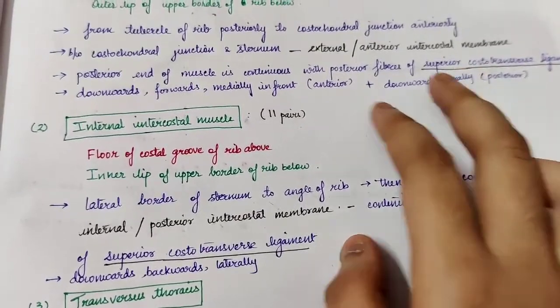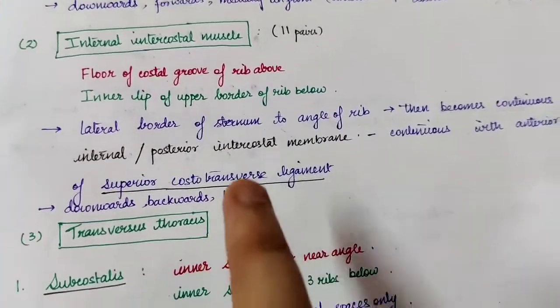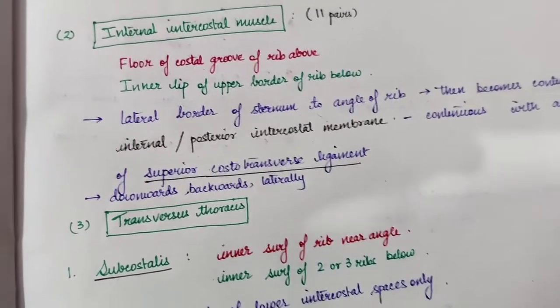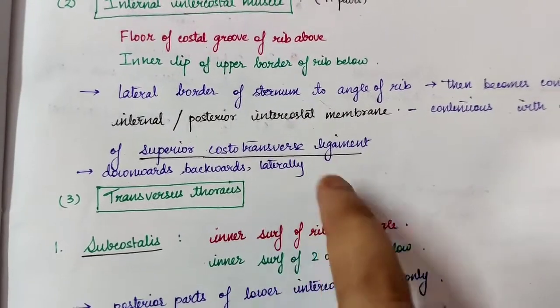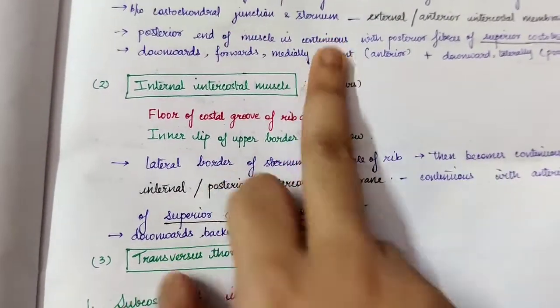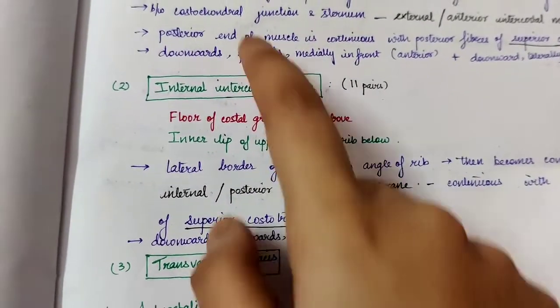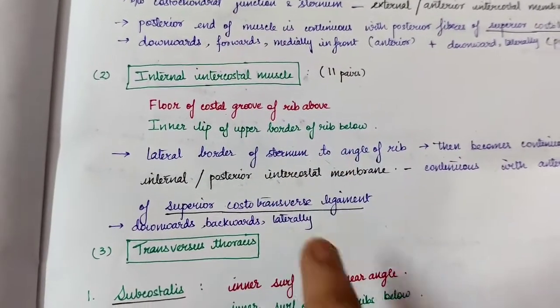The external was with the posterior fibers, and this is with the anterior fibers. Its direction is downwards, backwards, and laterally, just 90 degrees to the external.